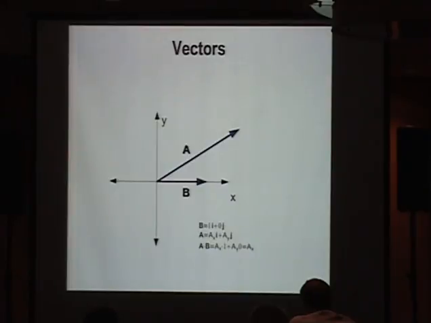So in order to find the component of a vector A in a certain direction, you do what's called an inner product. And basically what you do is you multiply the component of A in the x direction with the component of the other vector in the x direction, and then you multiply the component of A in the y direction with the component of the other vector in the y direction, and you add those two things up.